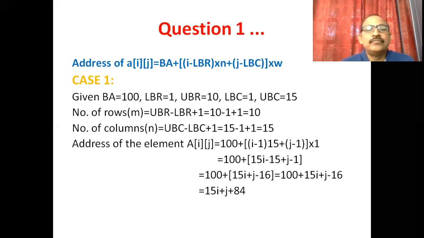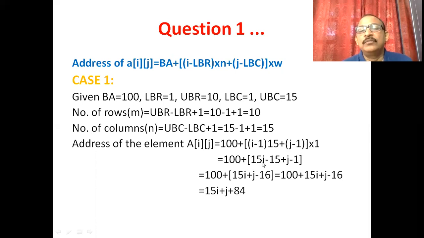Now, address of element Aij is base address, that is 100, plus (I minus 1) into the number of columns, which you have determined as 15, plus (j minus 1), into 1.